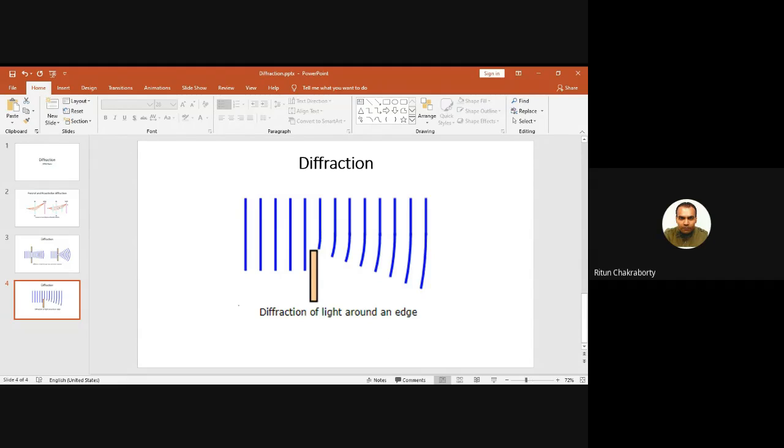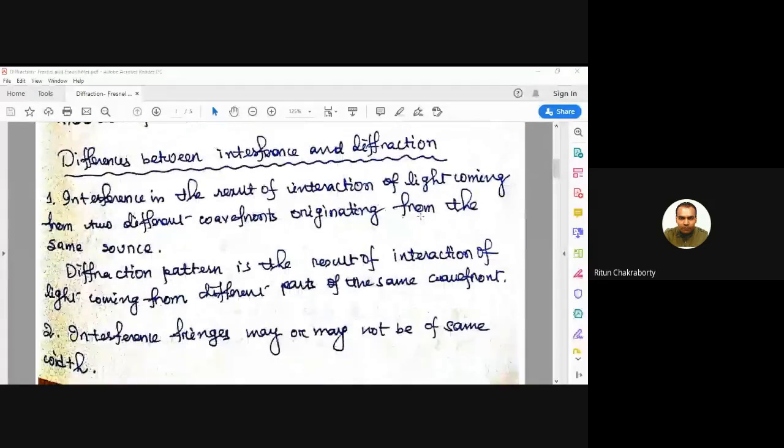Then after this, I will come back to this PowerPoint soon. But now I'm going to present you the same document which I was presenting earlier. Now, differences between interference and diffraction.